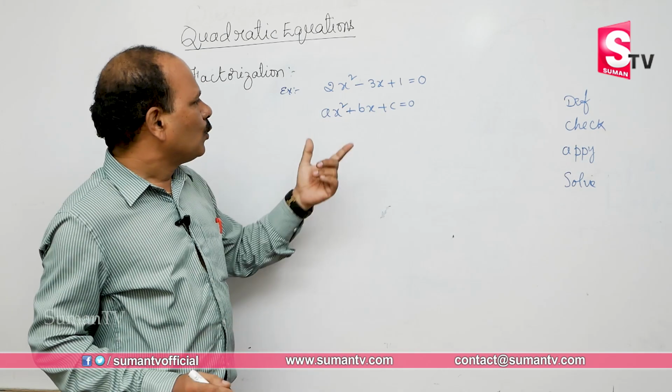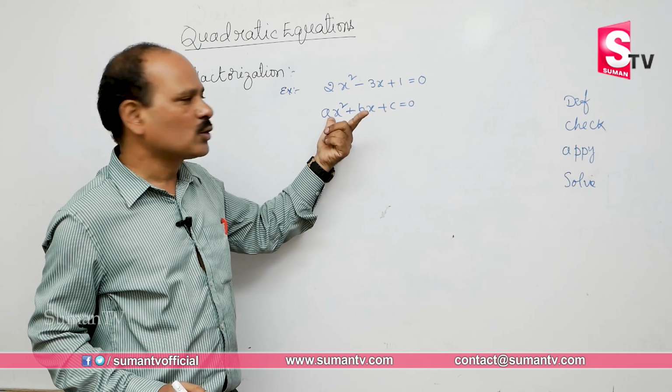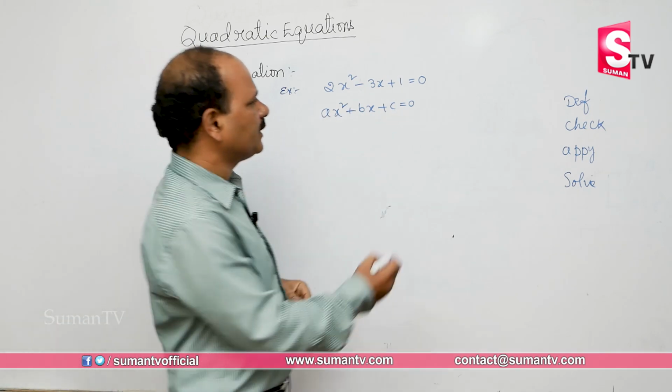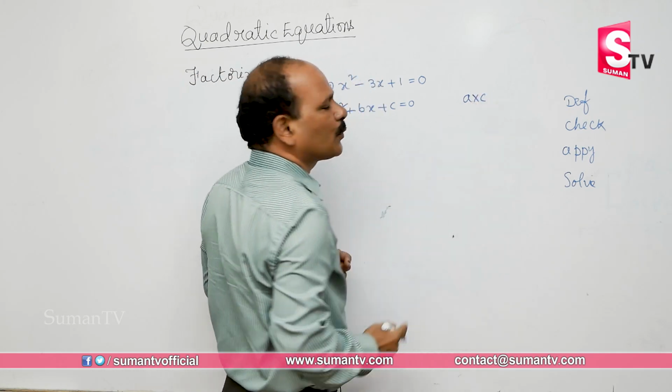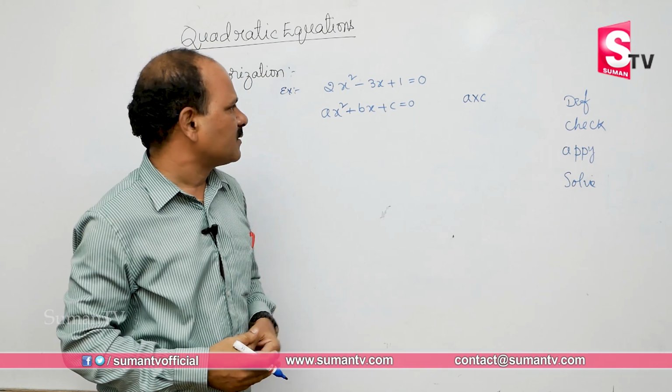Next part, we have to multiply the coefficient of x square, that is a, and the constant c. The product of a and c we have to find out in the first step.